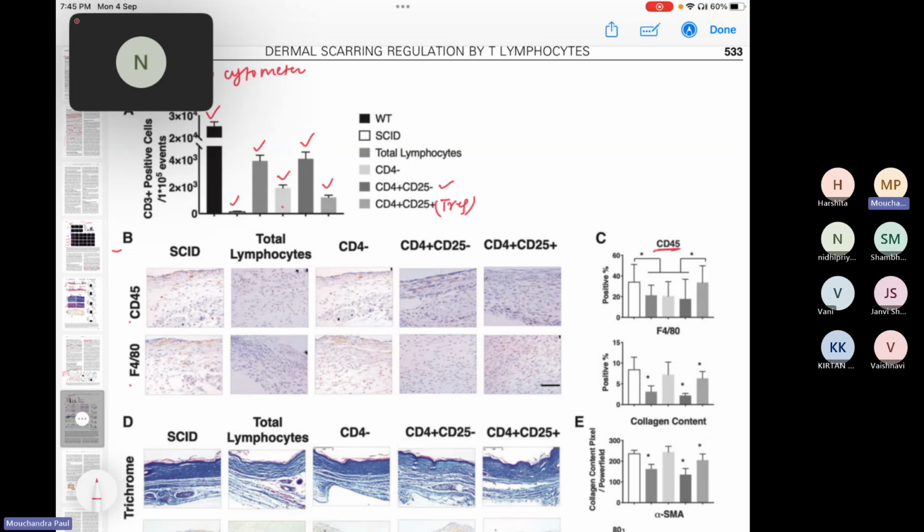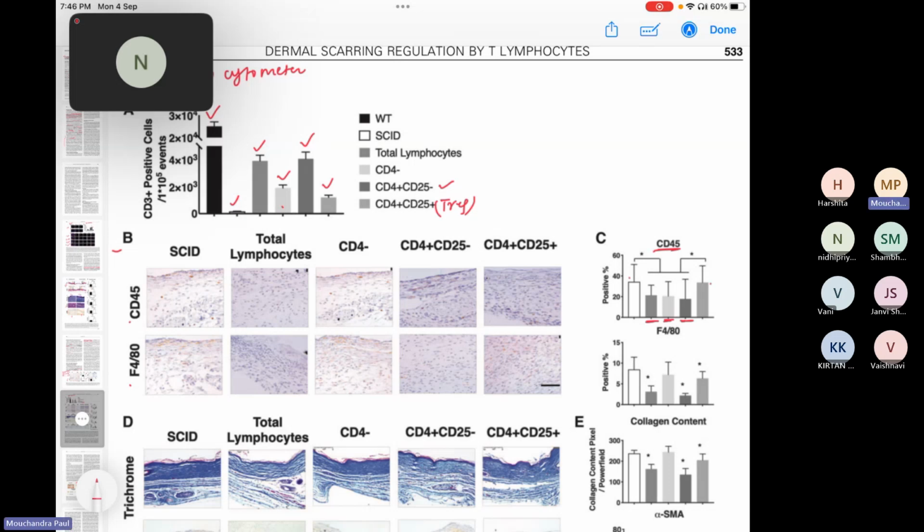CD45, that stands for the leukocytes, the level of leukocytes has actually decreased for the group that has total lymphocytes, then CD4 minus and CD4. Whereas in the group which has the TREG subset of lymphocytes, the level of activity of CD45 has not decreased that much. It is comparable to the skid mice.